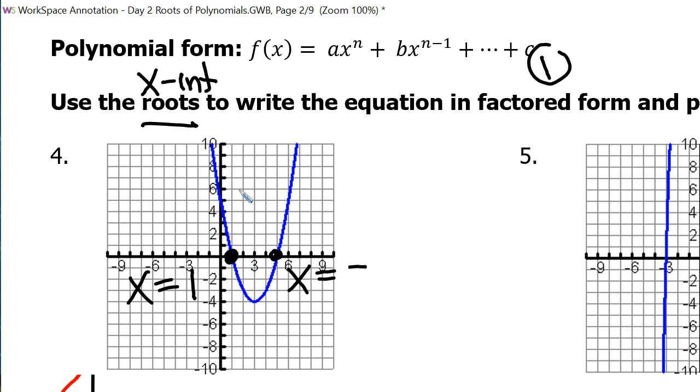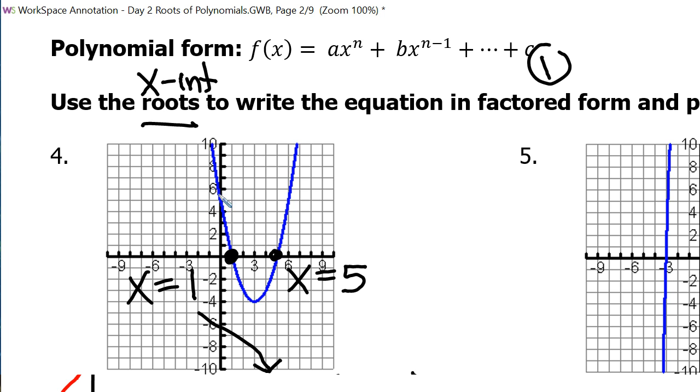When you're going from the x-intercept to factored form, so I'm going to put f of x equals, if I have two x-intercepts, I need to make sure that I have two sets of parentheses. And when you go from your x-intercept to the factored form, you change the sign. So this is a positive 1, so when I write this factor, it needs to be a minus 1.